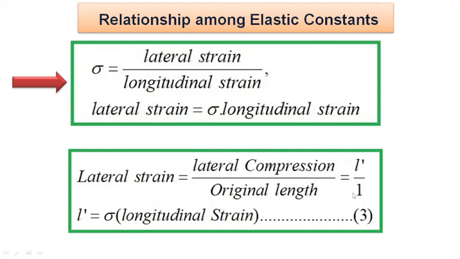So small l dash, that is the compression, or we can say negative elongation along the y as well as z directions, is equal to sigma into longitudinal strain. Suppose this is equation 3.